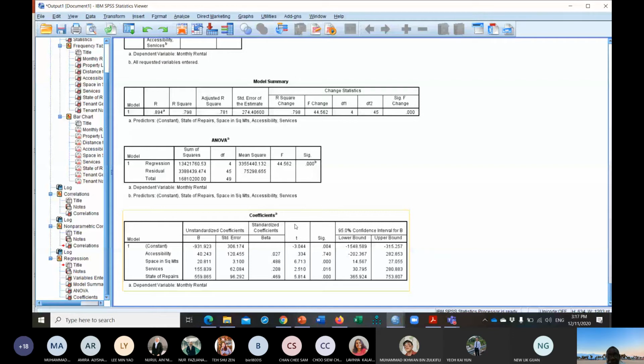So if we want to do that, we look at the coefficient of standardized beta.